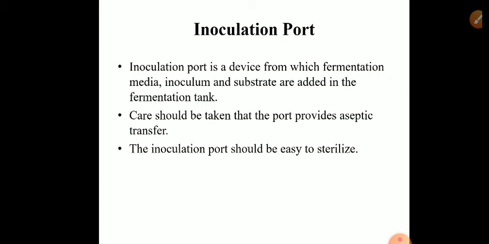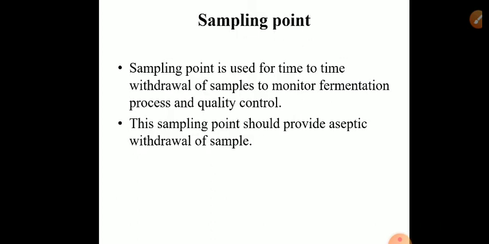You have to add the culture or inoculum into the medium under aseptic conditions. So it should not be contaminated, and it should be easy for us to sterilize, because through the inoculation port contamination may take place. So you have to keep it sterile, it should be easy to sterilize, and it is the point from where we add inoculum or microorganism into the vessel.